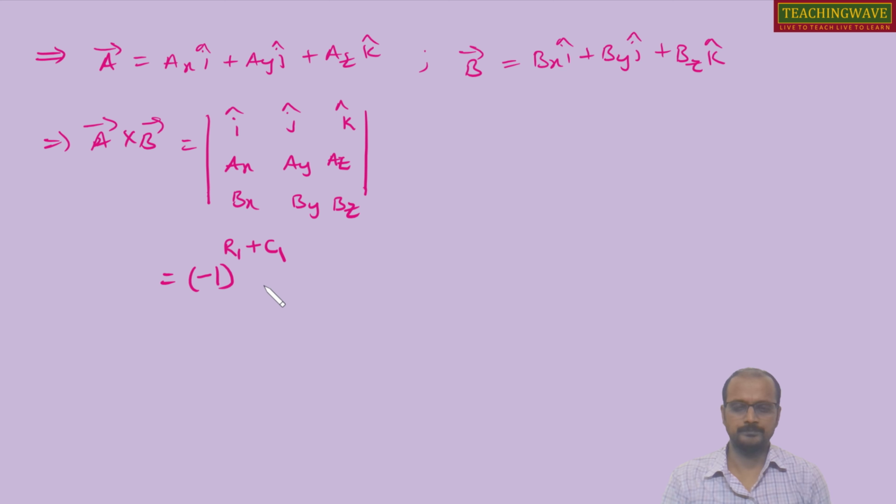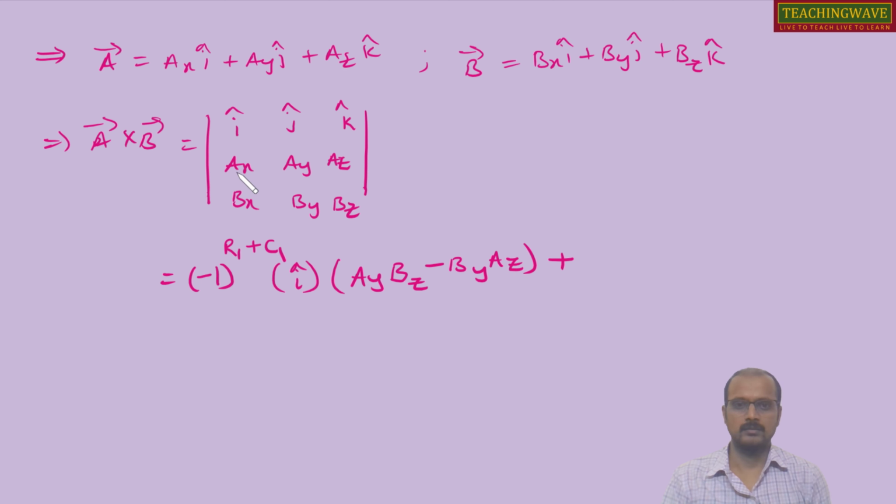In that we have i cap, so i cap into the remaining things a_y, a_z, b_y, b_z. Now the i cap coefficient of the resultant vector can be written as minus 1 to the power 1 plus 1, so minus 1 whole to the power 2 gives plus, i cap into (a_y b_z minus b_y a_z).